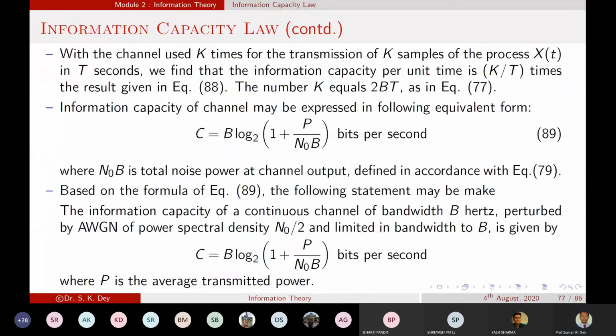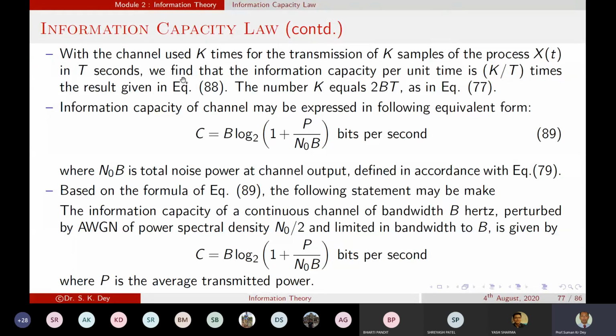Now if the channel is used k times for transmitting k samples of the process X(t) in T seconds, this was the condition we considered previously.